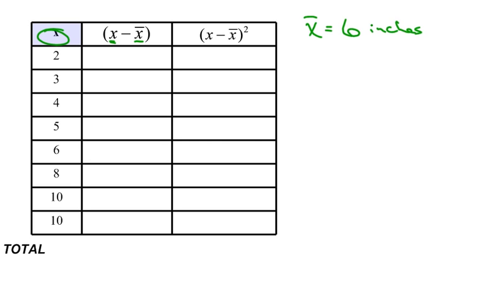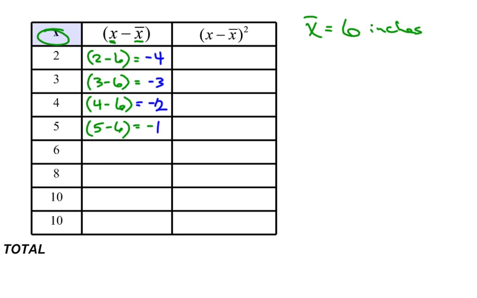So what we're going to do is say 2 minus 6, which of course is negative 4. We're going to say 3 minus 6, which is negative 3. We'll say 4 minus 6, which of course is negative 2. And then you've got 5 minus 6 equals negative 1.